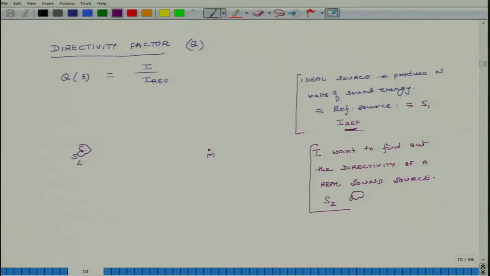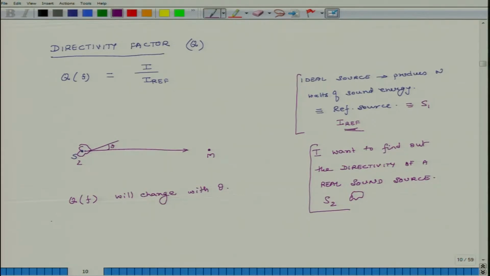Okay. Now, this directivity will change. So, this may be 0 degree direction, this may be some other theta, and so directivity QF will change with theta.